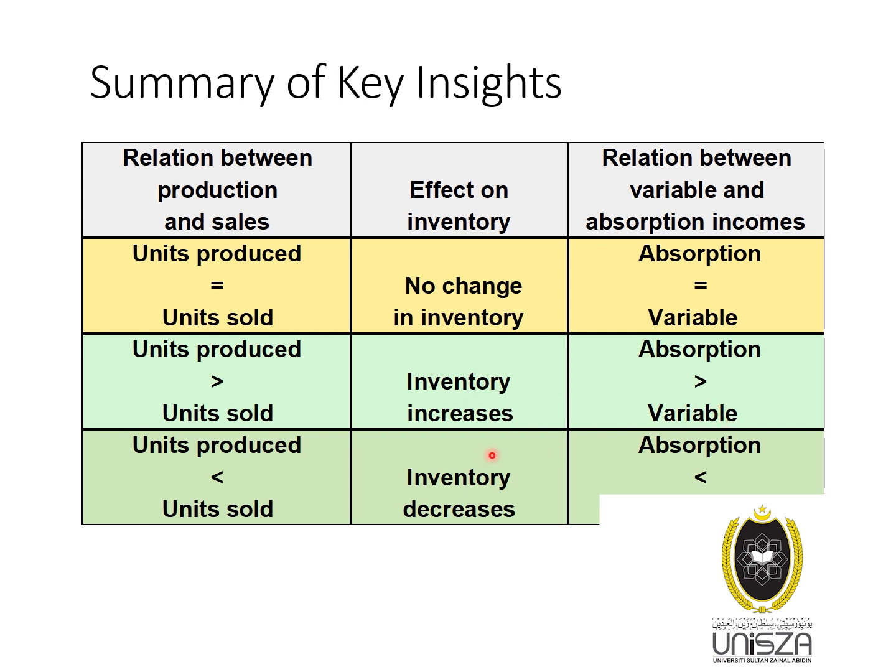Then when the units produced are less than units sold, what will happen to the inventory? Inventory decreases, and then the absorption costing income will be reported less than variable costing. So this is actually the guideline for you when you do your calculation, and you look at this summary to check whether what you did is correct or wrong.